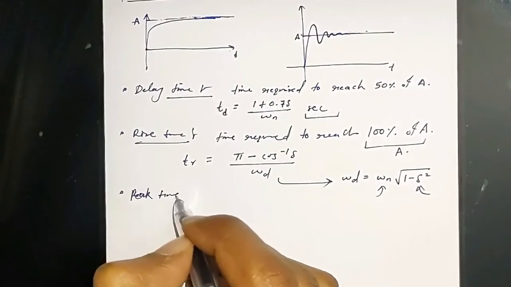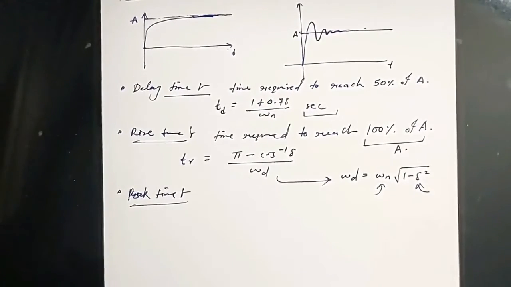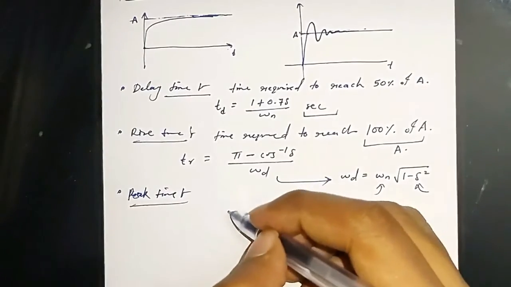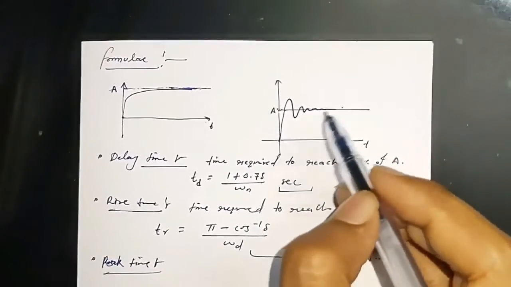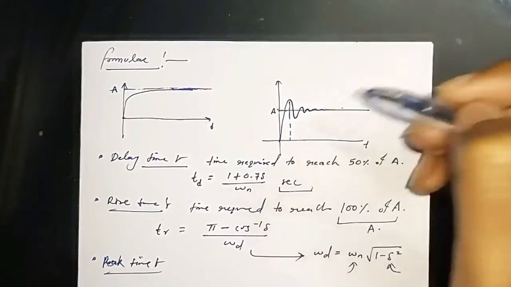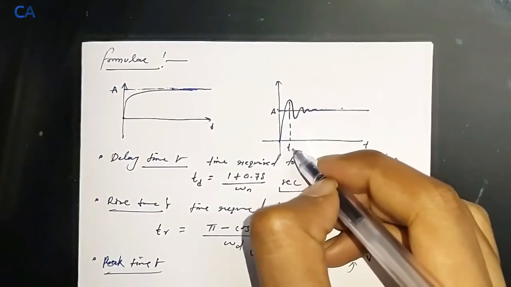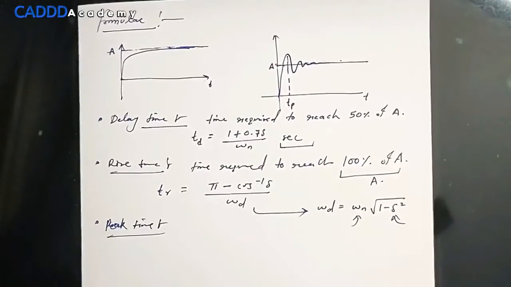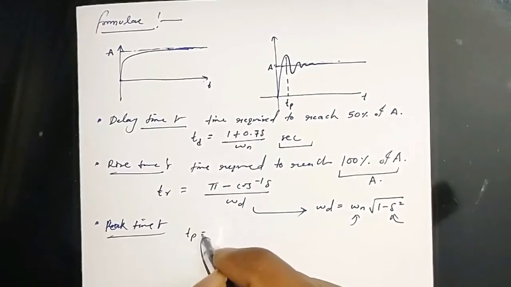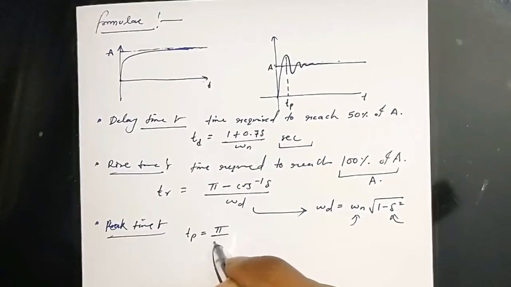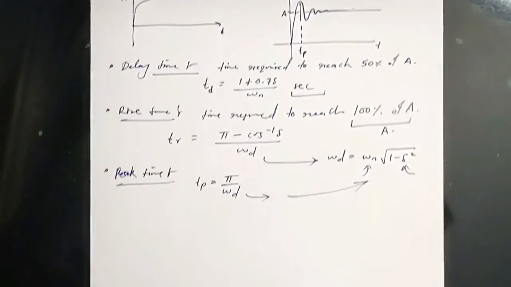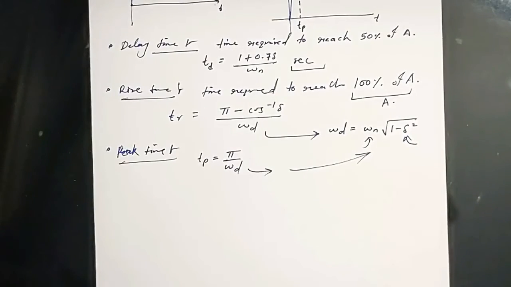Now the third formula is peak time. Sorry for the bad handwriting. Peak time is, in this response, where we get the first peak, this time is called peak time. To calculate the peak time, we have the formula pi divided by omega d, and omega d is again this expression.